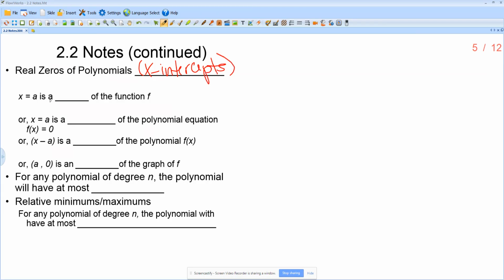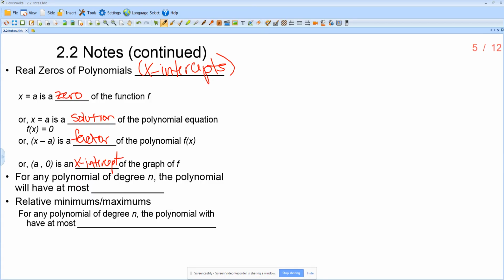So if we said x equals a is a zero of the function f, or x equals a is a solution of the polynomial equation f of x equals 0, or x minus a is a factor of the polynomial f of x, so x minus a is a factored form of it, or a comma 0 is an x-intercept of the graph of f. So those are all saying the same thing.